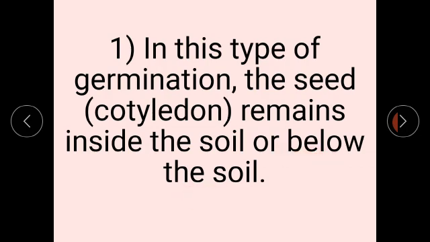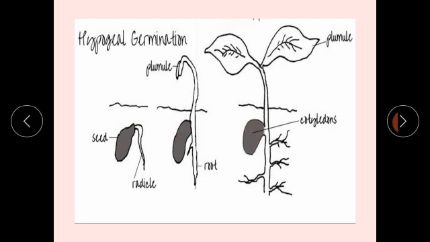In hypogeal germination, the cotyledon remains inside the soil. You can see here, this is a picture of hypogeal germination and you can see here that the cotyledon is below the soil. This is soil and cotyledon is below the soil.